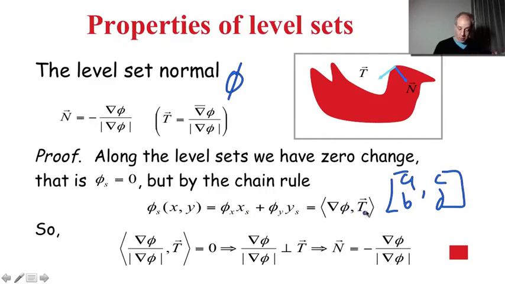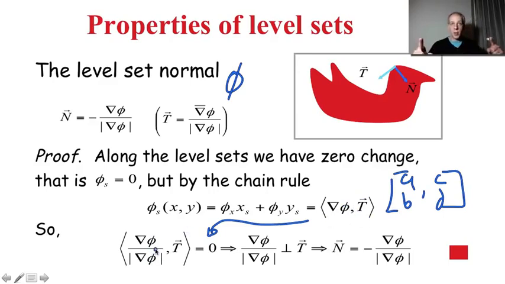Now, this is 0. Okay, we have it here. Of course, this is the 0, so I'm gonna go here. And of course, I'm allowed to normalize. So here I have proof that the gradient of phi is perpendicular to the tangent. Then I normalize the gradient.